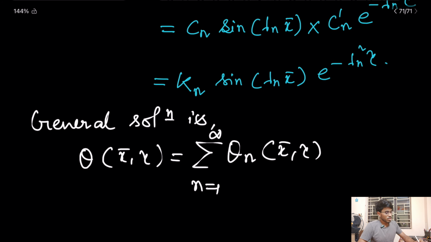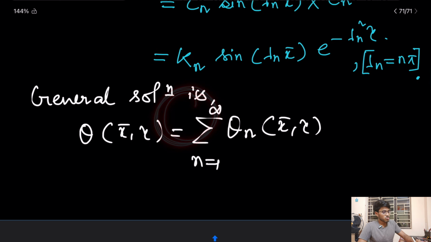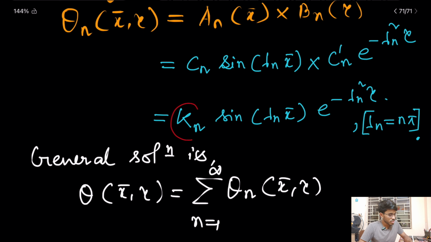Where this lambda n we know as n pi, right? Now what are the only unknowns? Here I have the unknowns as this Kn. This is the unknown.